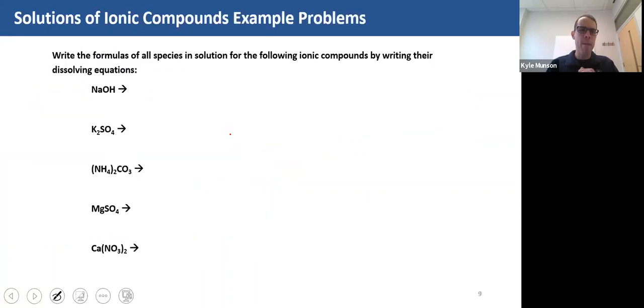We do. So with that knowledge, where we start with the compound and break it apart into ions, we want to be able to write the formula of all species in solution for the following ionic compounds by writing their dissolving equations. So if you remember with chemical nomenclature, when we were looking at our tables of ions and bringing those ions together to form the compounds, now what we want to do is the reverse.